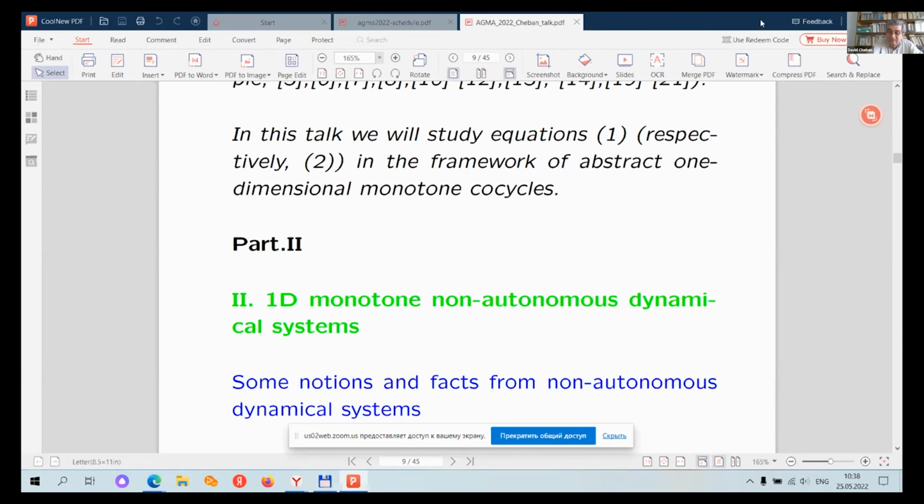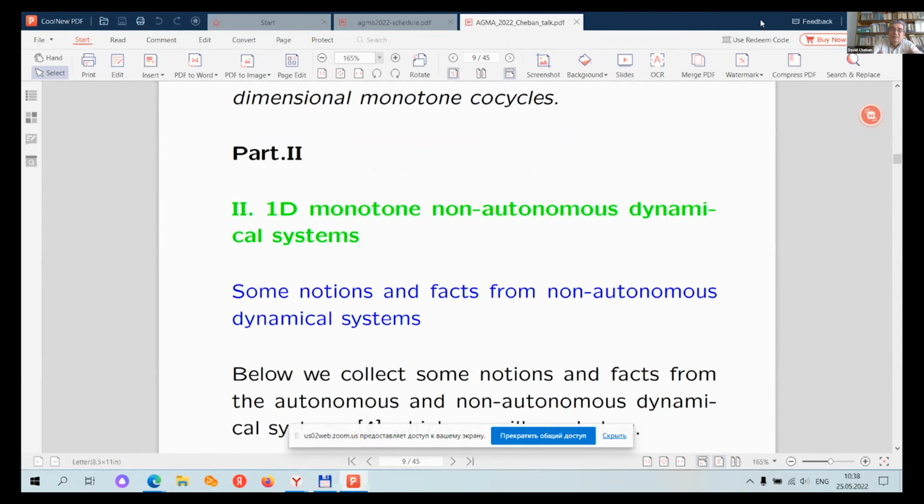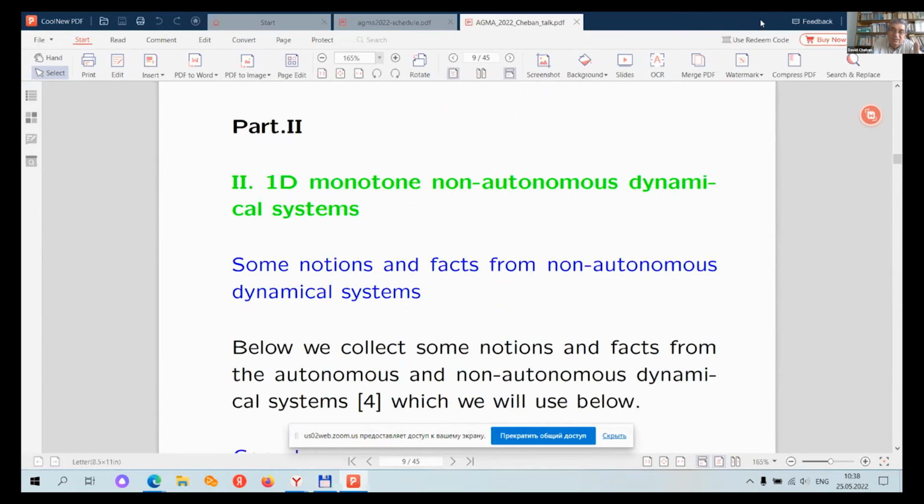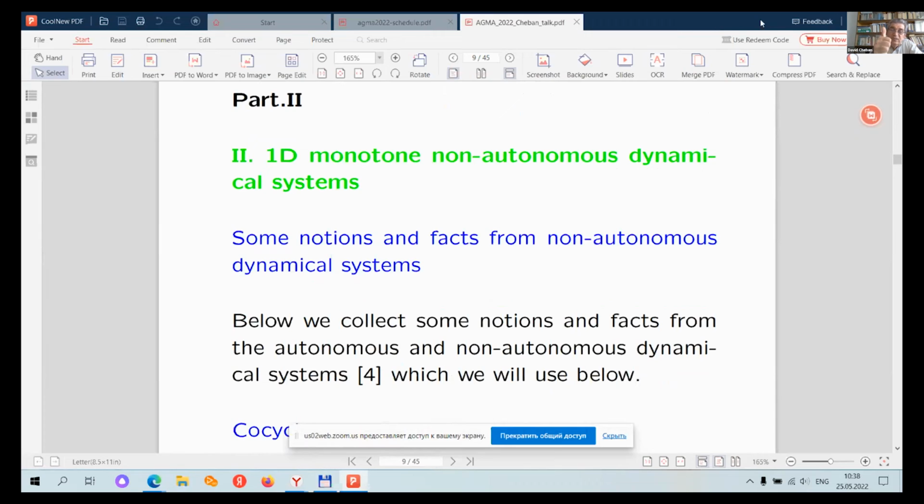In the second part, we study an arbitrary or abstract non-autonomous dynamical system or cocycle dynamical system, which possesses the following properties. One, the phase space is one-dimensional. Second, this cocycle is monotone with respect to the phase space variable u.